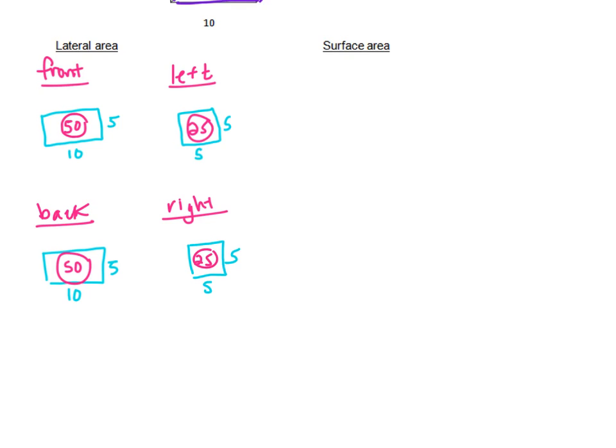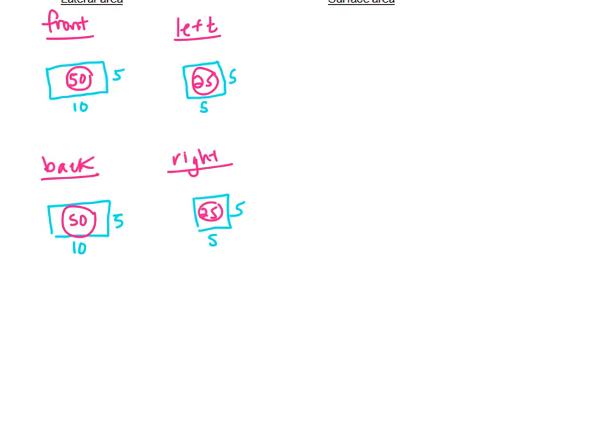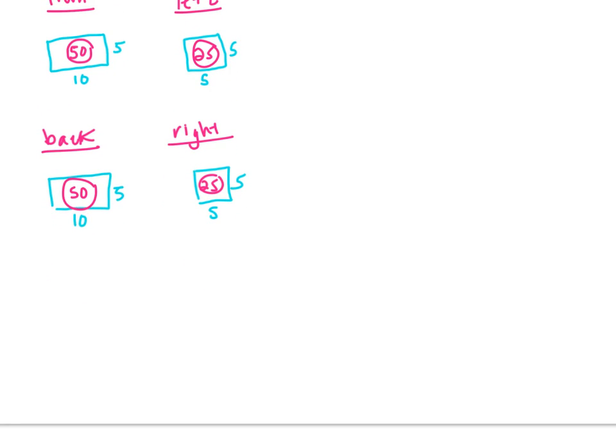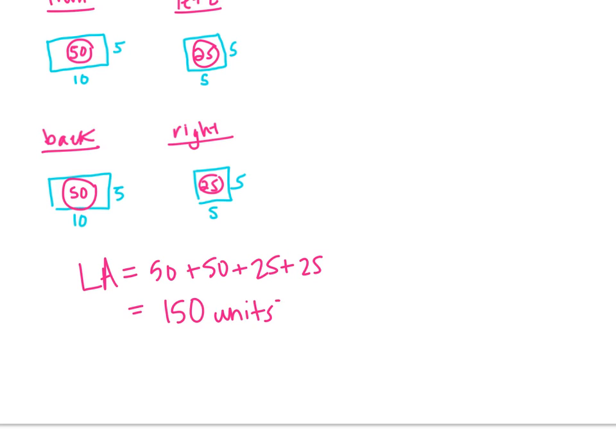So our lateral area, well, what is that? That's supposed to be an L. Our lateral area is equal to all of those added together. 50 plus 50 plus 25 plus 25 gives us 150 units squared. So that's our lateral area.